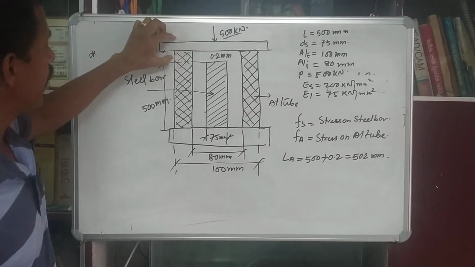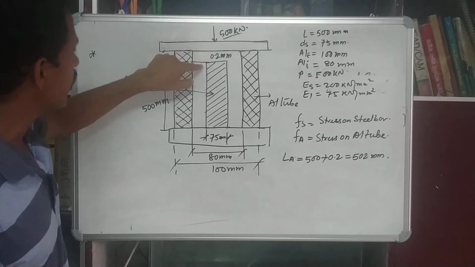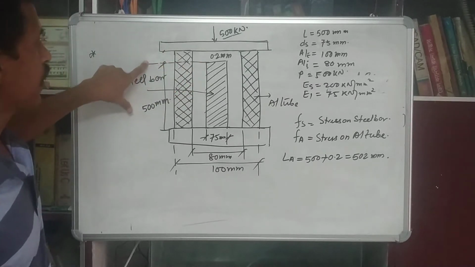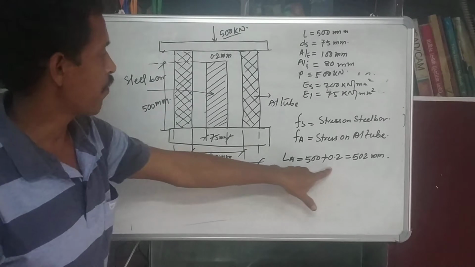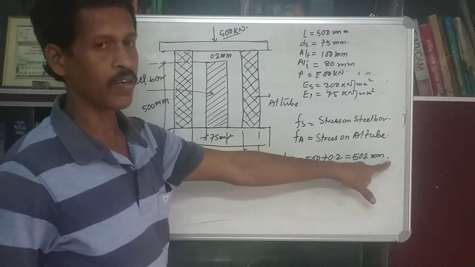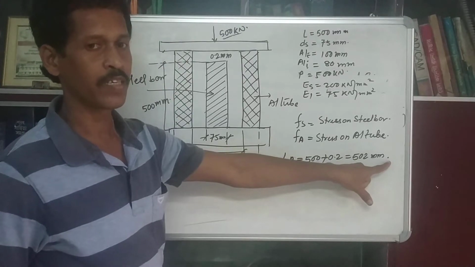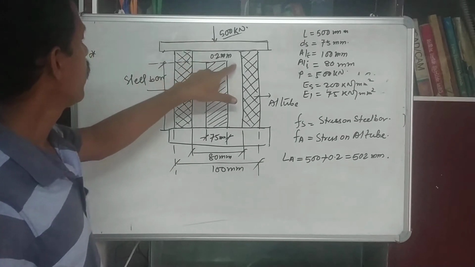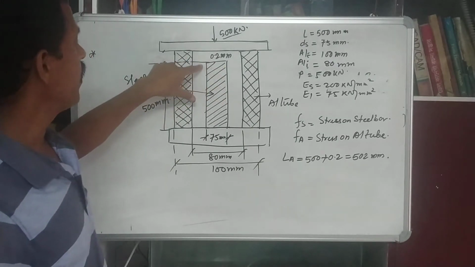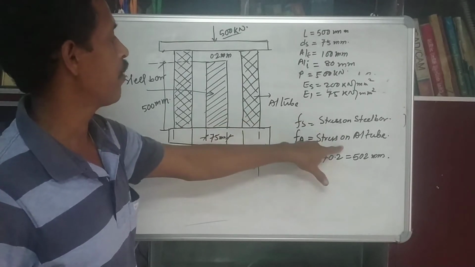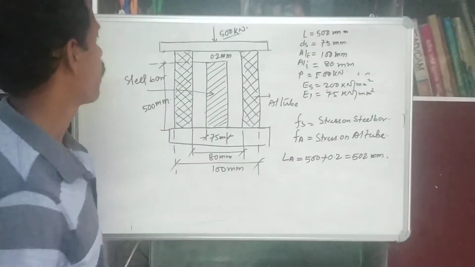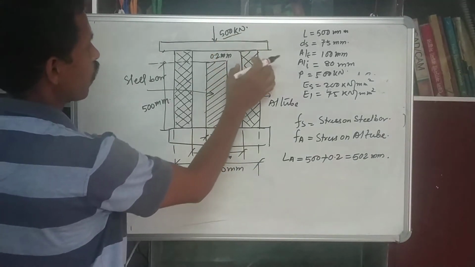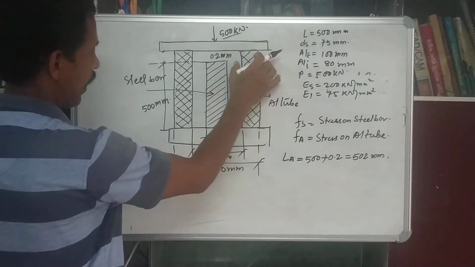The 502 millimeter long aluminum tube will be compressed until it reaches 500 millimeter, and when it touches the steel bar, then the load will be shared by both aluminum and steel. Initially the load will be shared by only the aluminum tube.